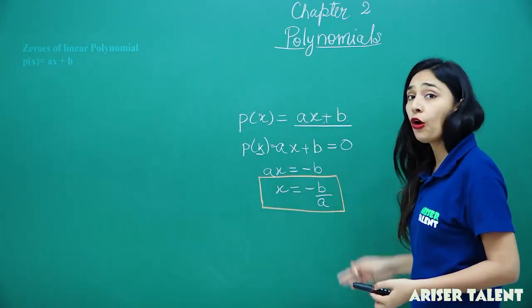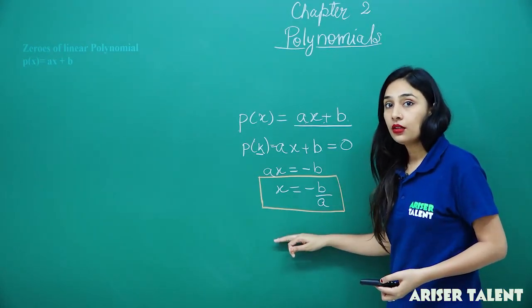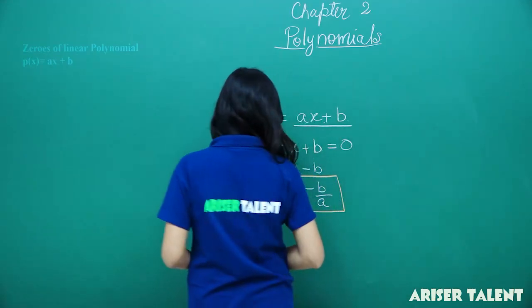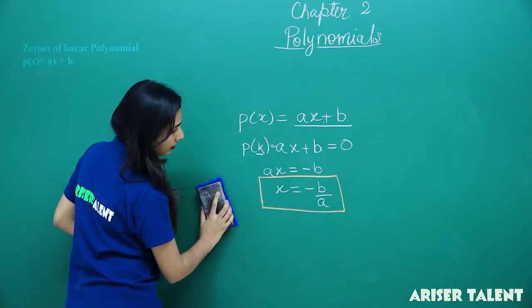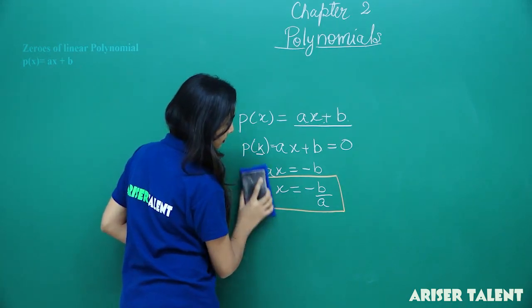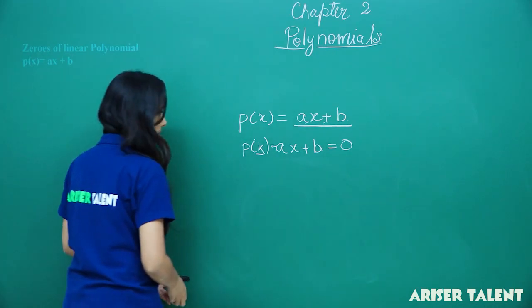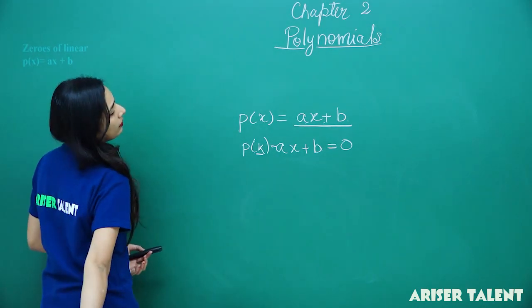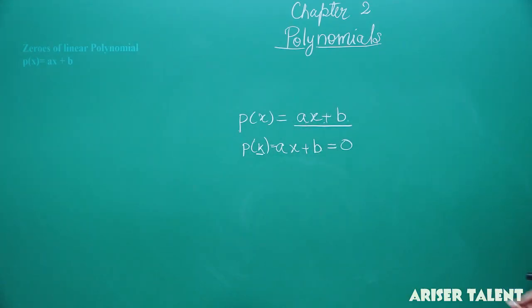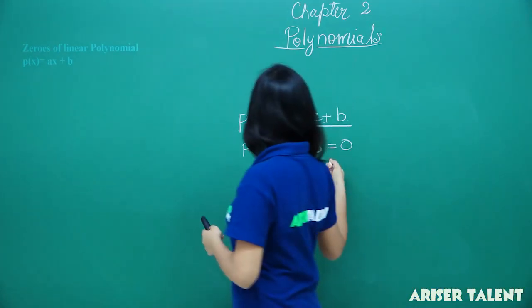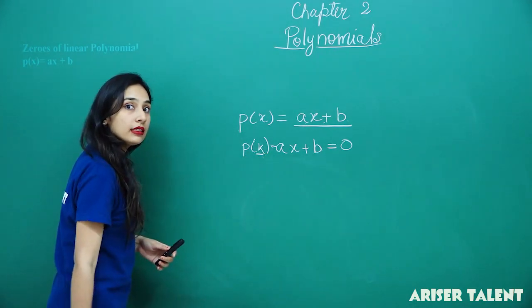If you are talking about linear polynomial, then in this particular equation, when we write polynomial of k, what does it stand for?